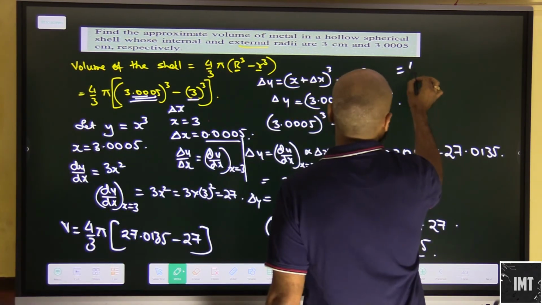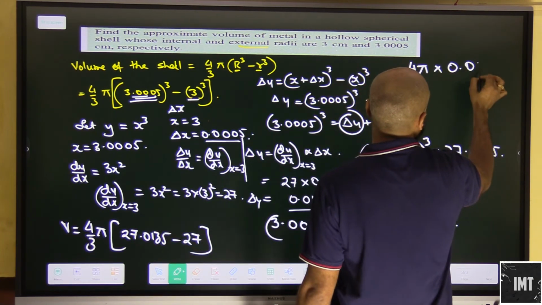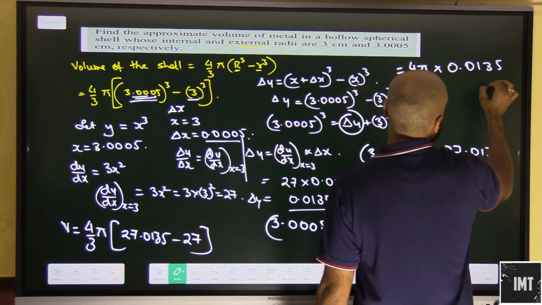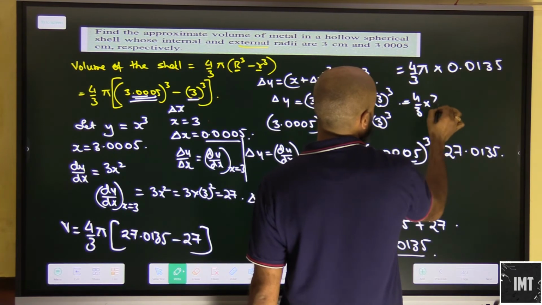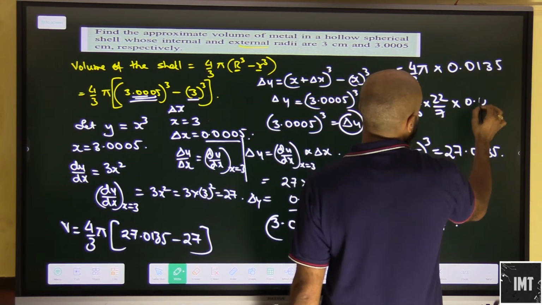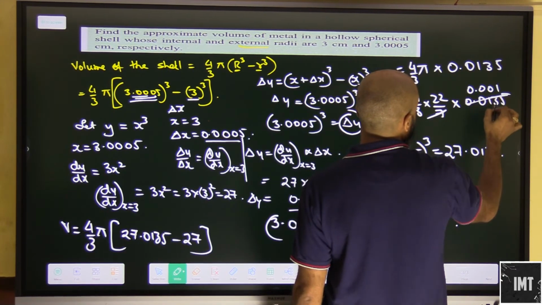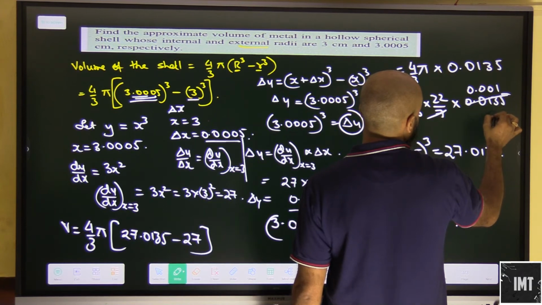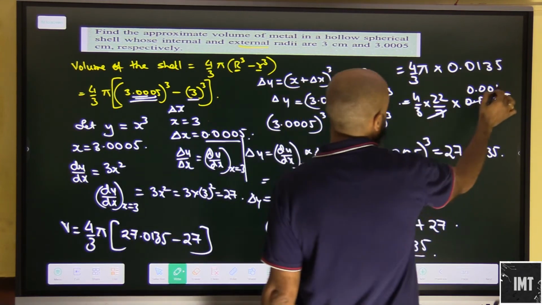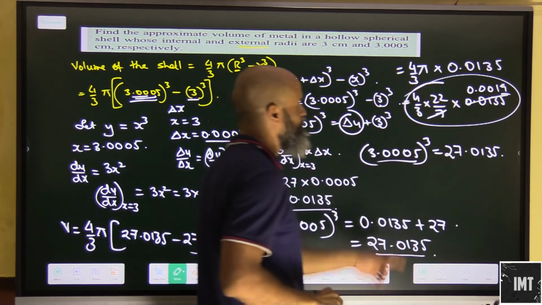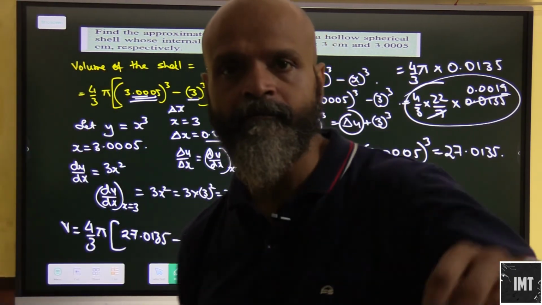So we will have 4 by 3 pi into 0.135, that is 4 by 3 into 22 by 7 into 0.135. So whatever this volume comes out to be, this will be the volume of the shell. Okay, we'll take up more problems here.